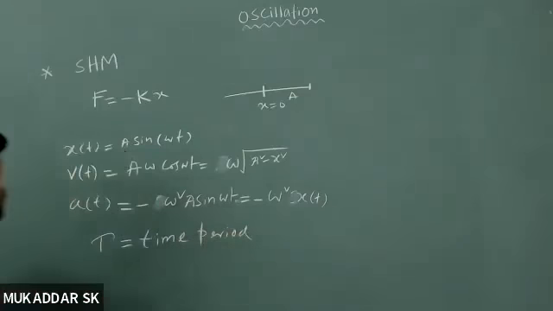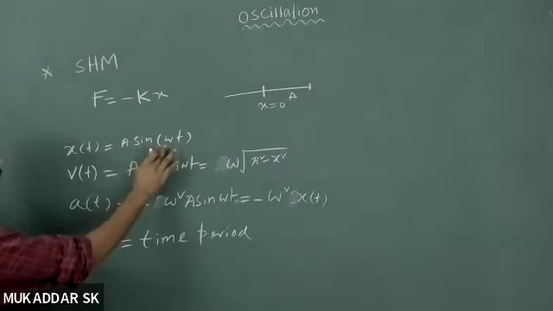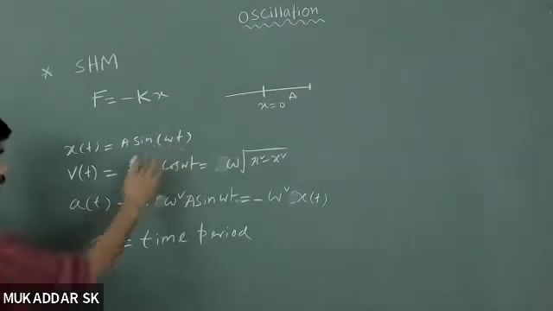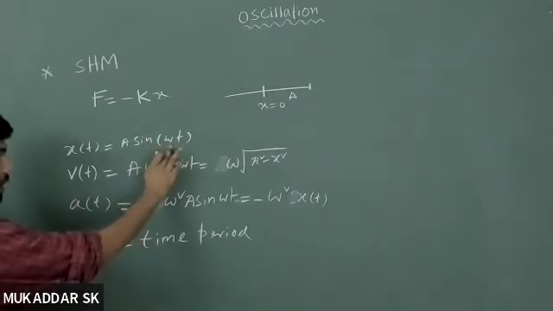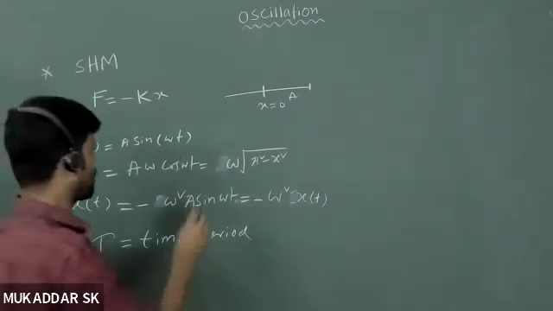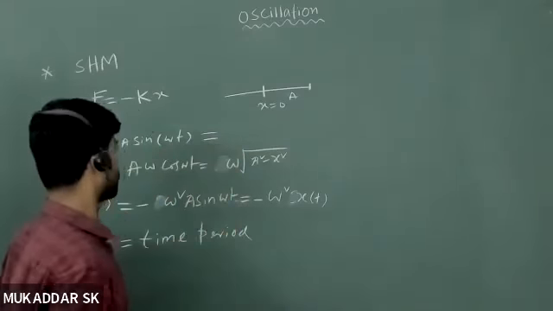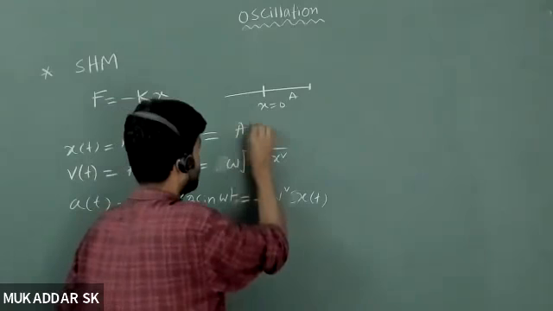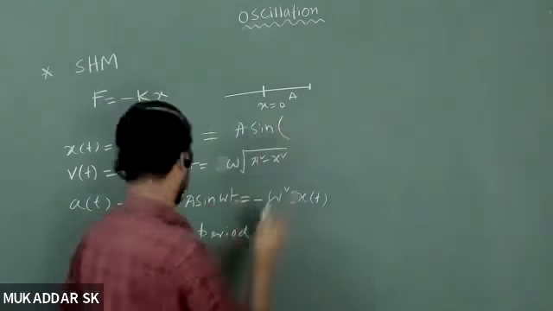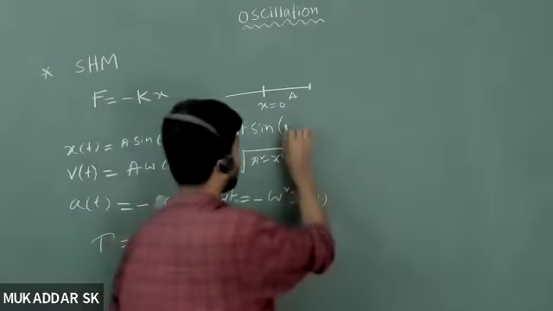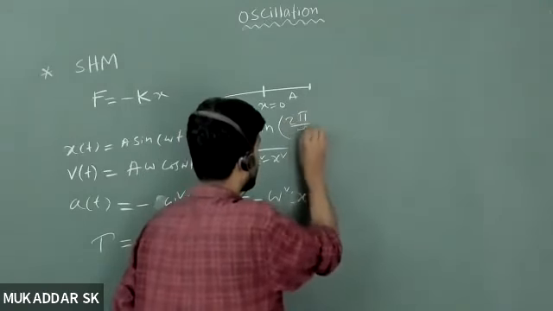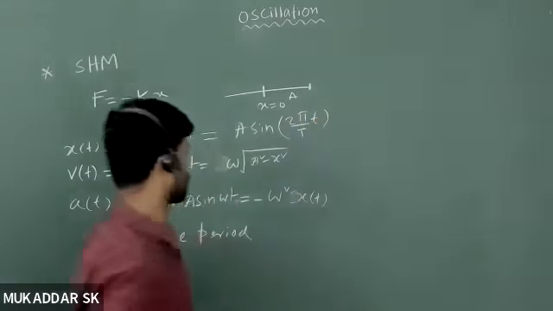There is a relation between omega and time period: omega is the angular frequency. So in terms of time period, the equation can be written as a sine of omega t, where omega is 2 pi by capital T, times small t.